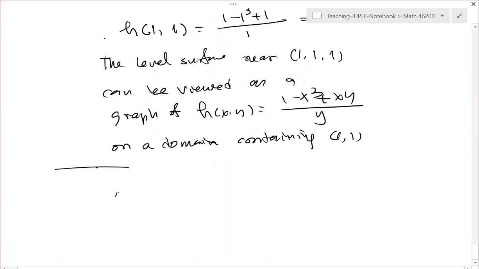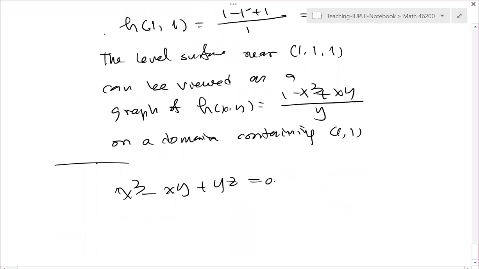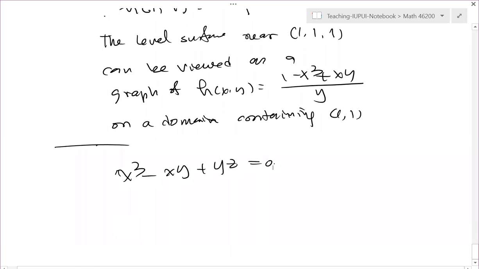Let's take a look at this again, right? x cubed minus xy plus yz equals 0. So when y is 0, let's take a look at the point.